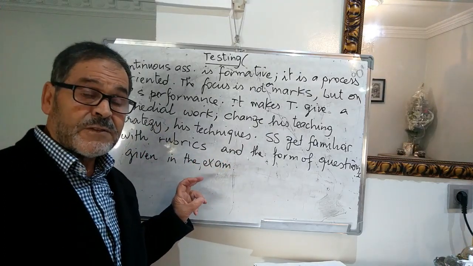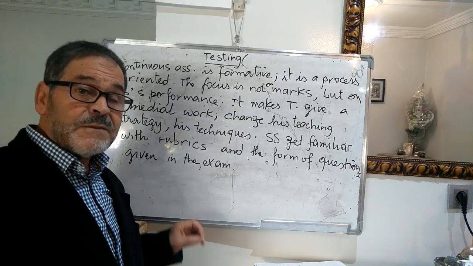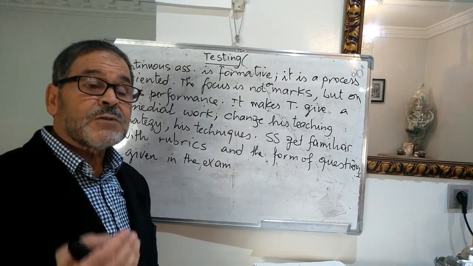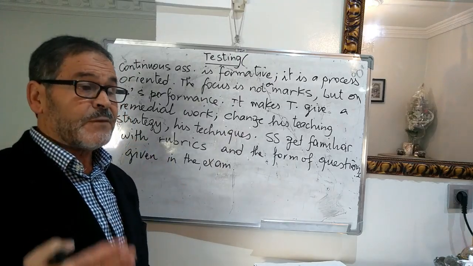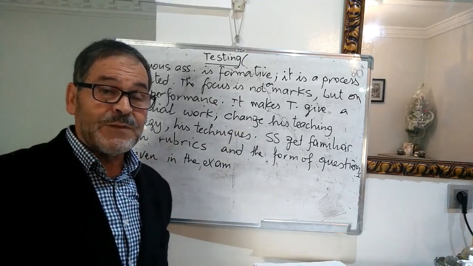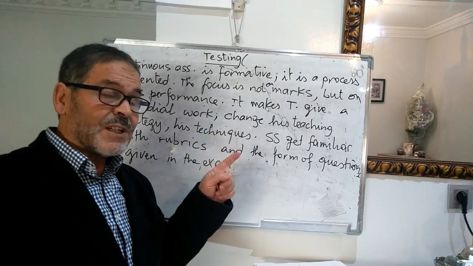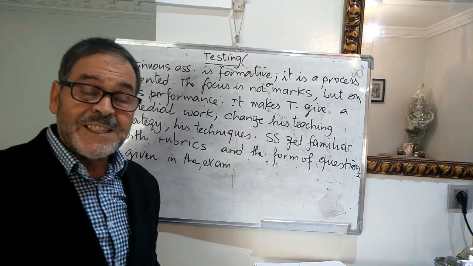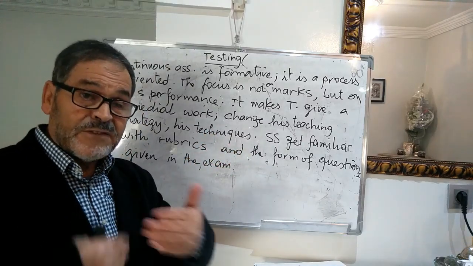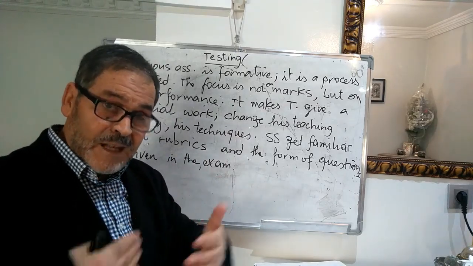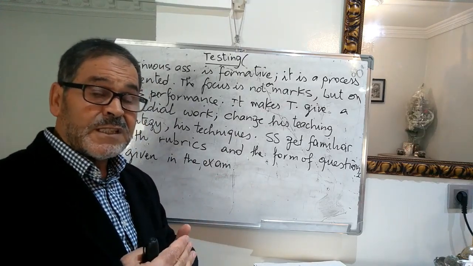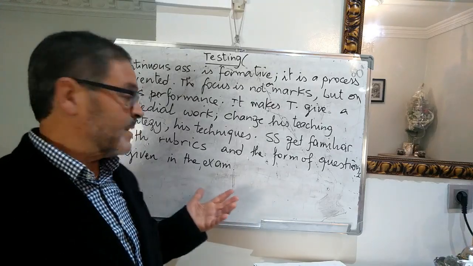This is the advantage of quizzes. Quizzes give information about what type of questions we give in the exam. For example, if we say give the correct form of the word, or give the correct form of the verbs, or rewrite these sentences, it means students get familiar with it for the exam. When they come across these questions, they know what it is exactly.